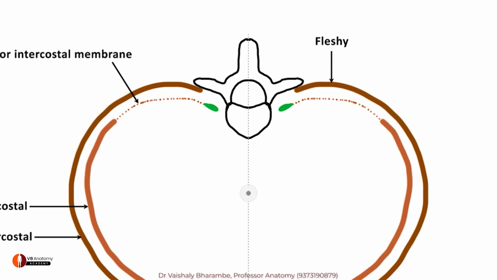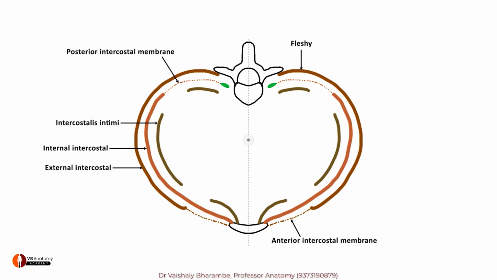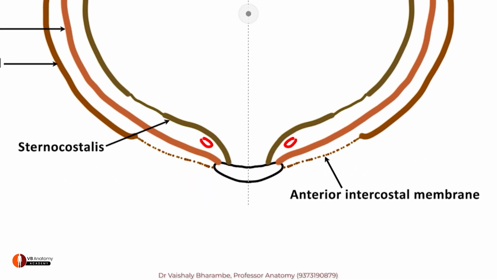Now the innermost layer, again, if you remember, there are three sets to this layer: a subcostalis, intercostalis intimi, and the sternocostalis. Since they're supposed to be a single muscle, let's just join them up a little bit. Let's add the related blood vessels, internal thoracic artery, and the related internal thoracic vein.